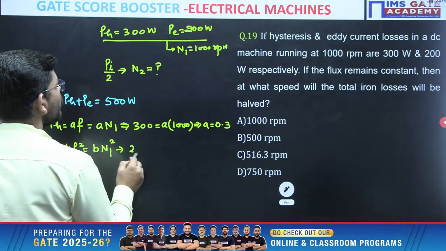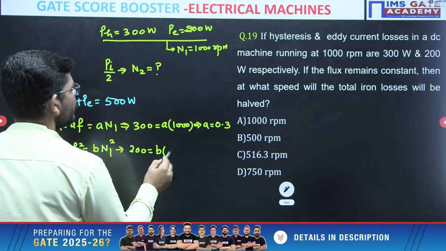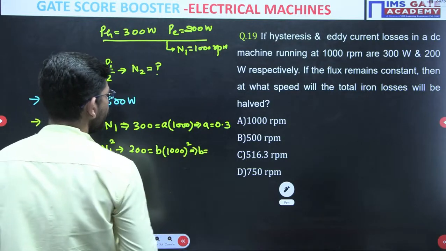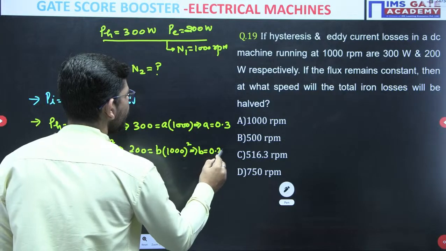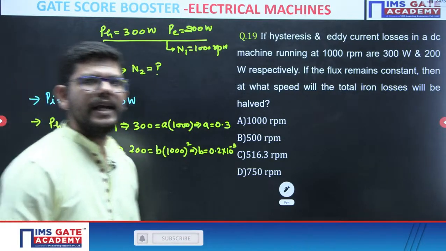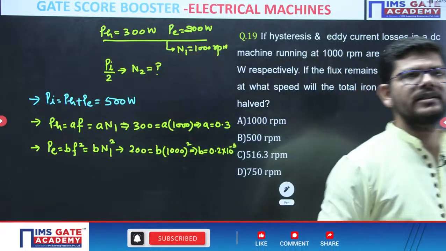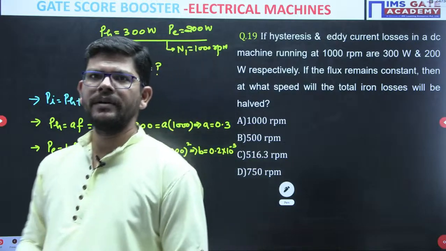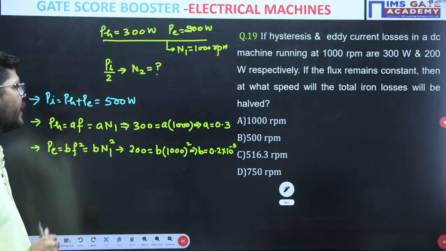So they are 200 equals B into 1000 square. When you solve it for B, you will get 0.2 into 10 to the power minus 3. So in this way you have calculated A and B. Whenever we are talking about hysteresis and eddy current losses, first of all we have to calculate these constants A and B. We have done that, right.